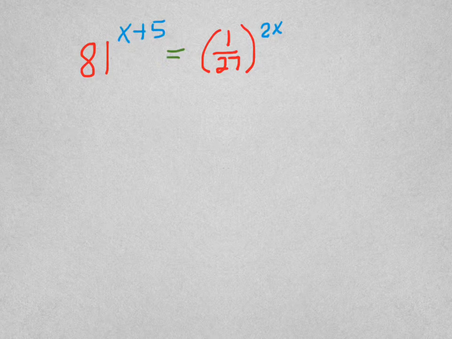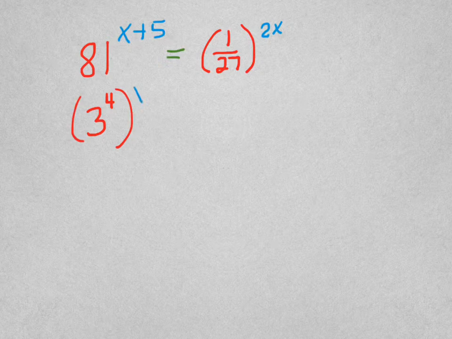So let's start with the left-hand side, and we would take 81, and we would have 3 to the 4th power, which would give us the 81, and then we're going to have an exponent of x plus 5. That's going to be equal to, now again, 1 over 27.